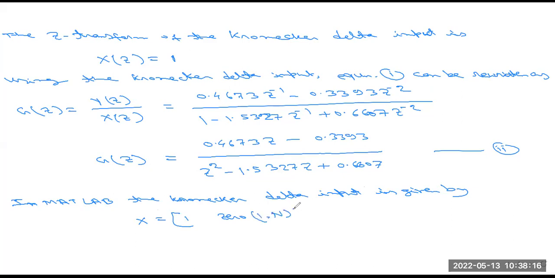Number of terms is n means the k value changes, that is k is 1, 2, 3 and so on. So n is the highest power of k. So this n corresponds to the end of the discrete time duration.